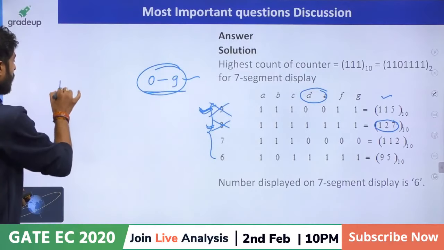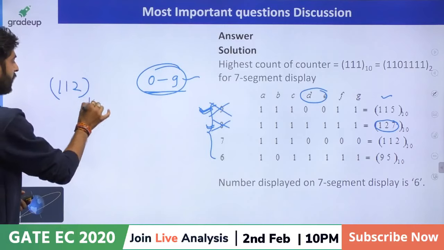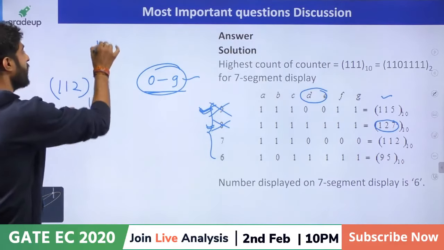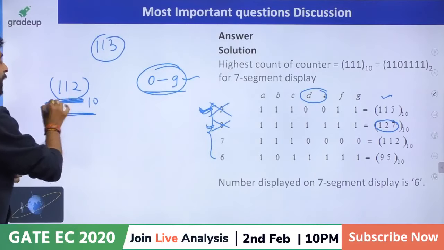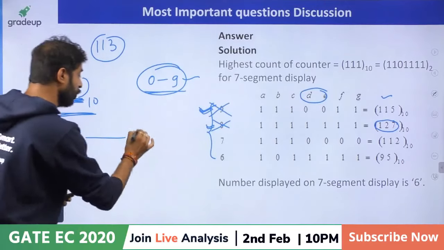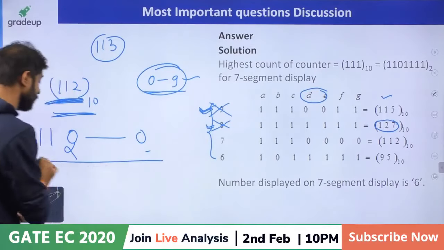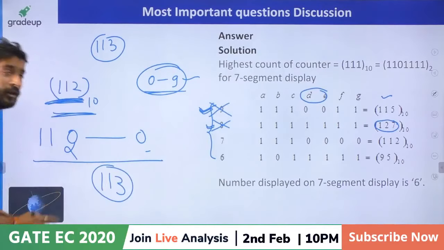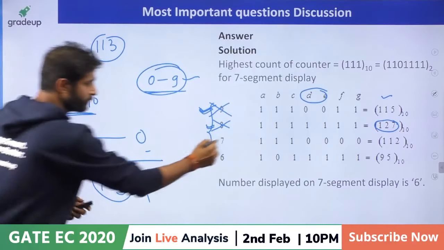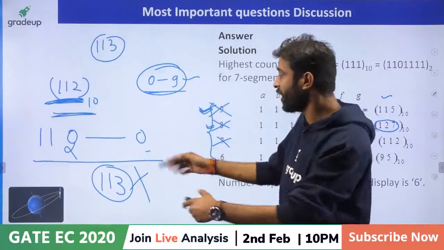If the value is 112 in decimal, then the mode is not 112. The mode is 113, because to go from 0 to 112 or 112 to 0, the total number of values is 113. So this is not the mode. It is also wrong.